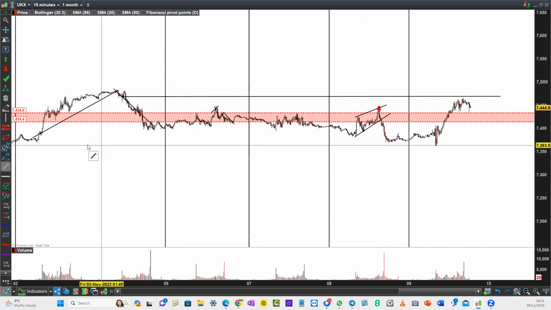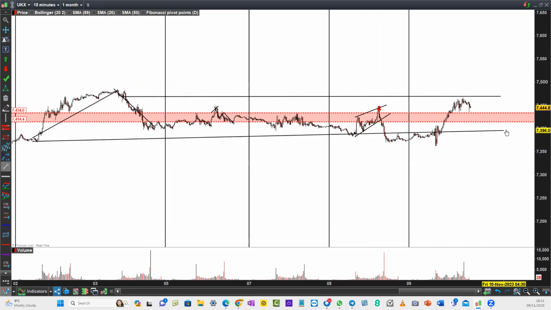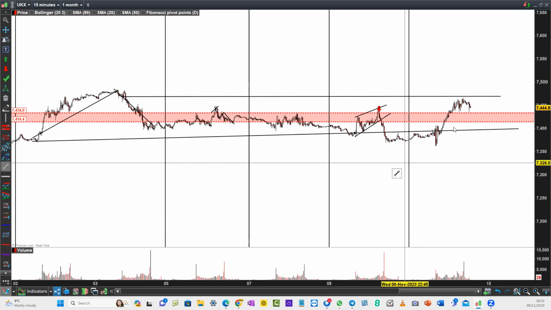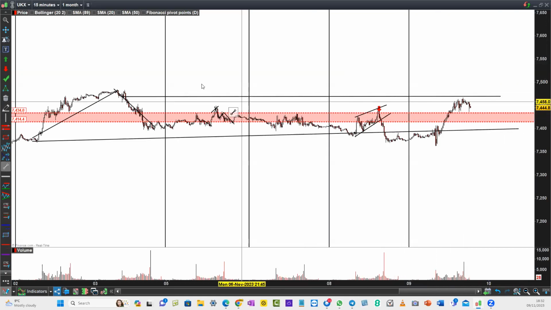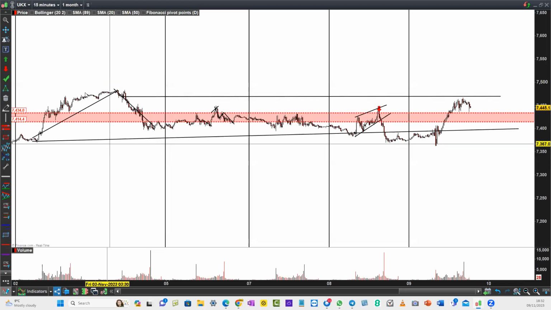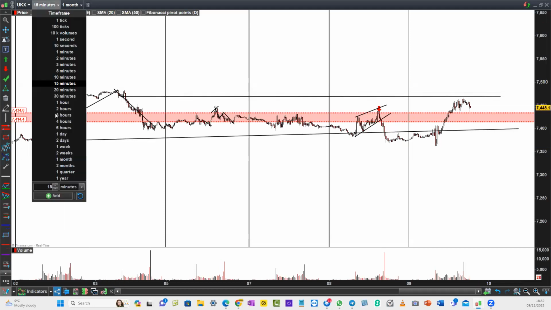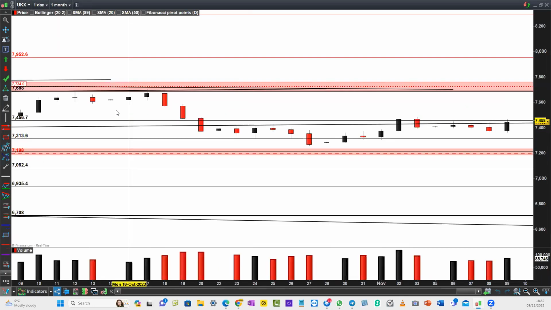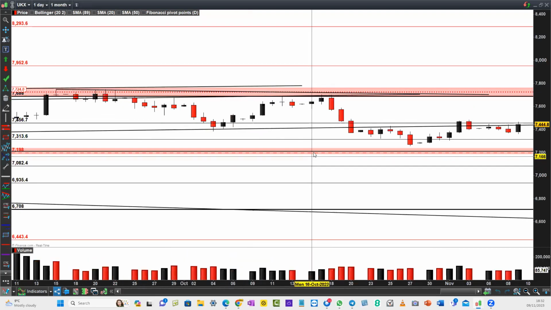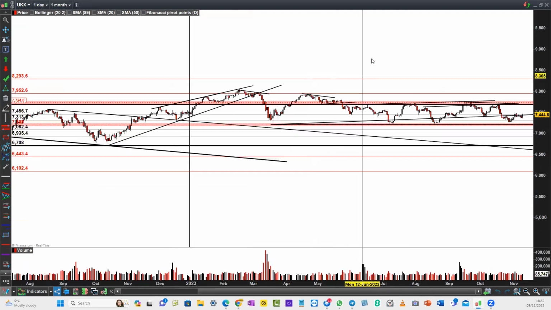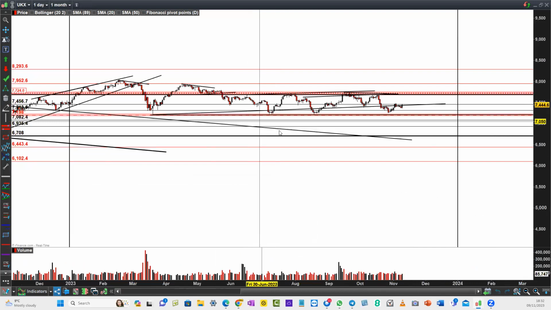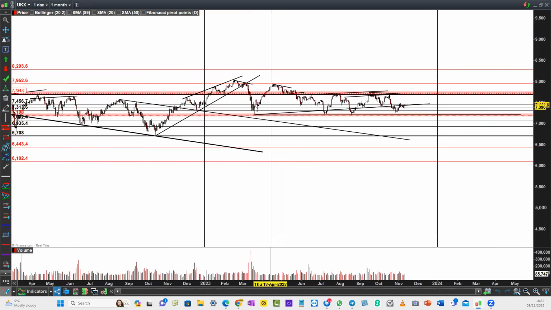So if we can break this support tomorrow on GDP numbers, I think this could really crunch lower. Look at the daily chart. The FTSE's in a massive box. This is the last 2 years.